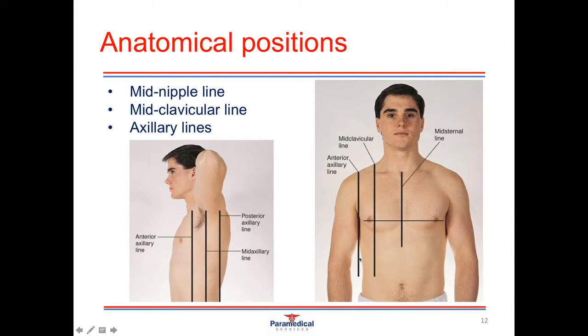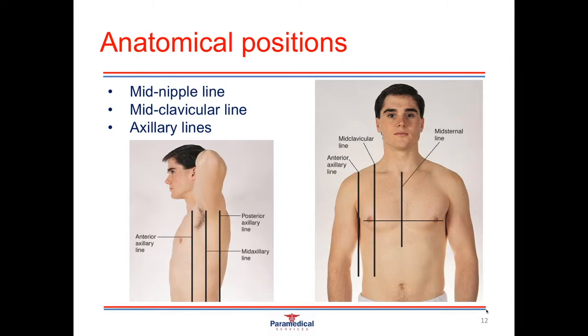Continuing on with looking at the different axillary lines, if we have a lateral view of somebody, or a view of somebody on the side, there's that anterior axillary line running down the front of the axilla. We have the mid axillary line running down the middle of the axilla. And then we have the posterior axillary line running down the back of the axilla. So posterior meaning back, anterior meaning front.